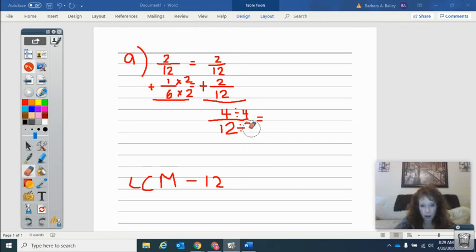So we want to divide by the same number in the numerator and the same number in the denominator. So 4 divided by 4 is 1, and 12 divided by 4 is 3.